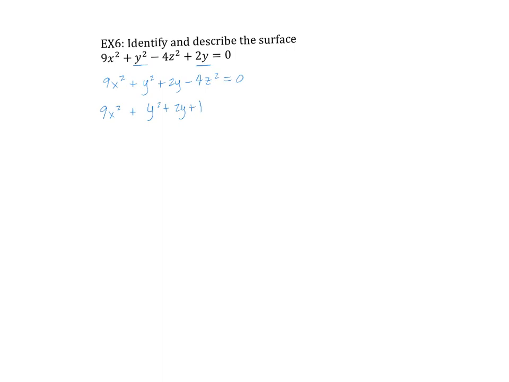So the y squared plus 2y plus 1 becomes y plus 1 squared. If I add 1 on the left, I have to add 1 to the right-hand side. And now I have 9x squared plus y plus 1 squared minus 4z squared equal to 1.